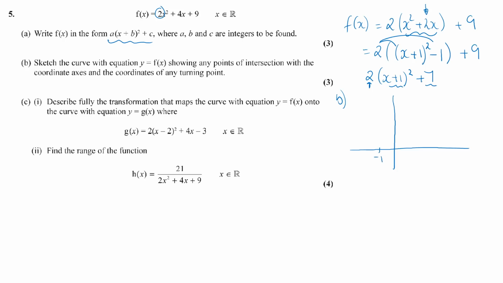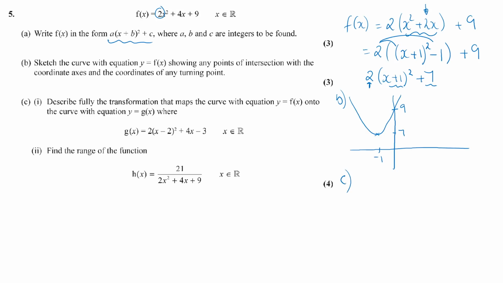We're just going to go -1, 7 is going to be our minimum point, so we're going to come down like that, and then the y-axis intercept is going to be at 9. So as long as you've got your minimum point in the right quadrant and you've shown your axes where it cuts the coordinate axes, then your sketch is fine like that.